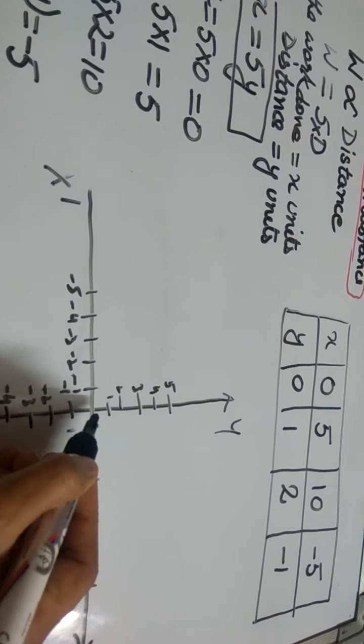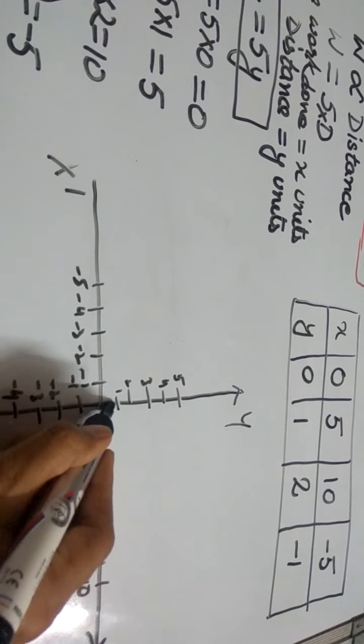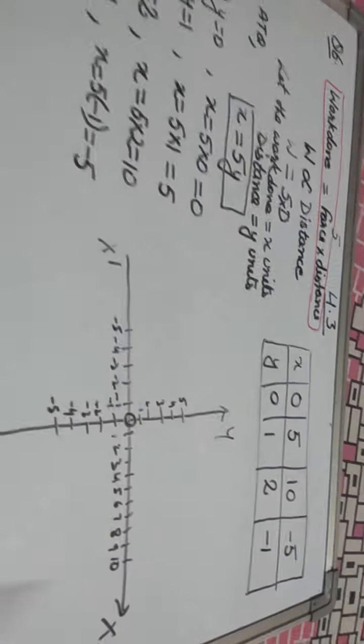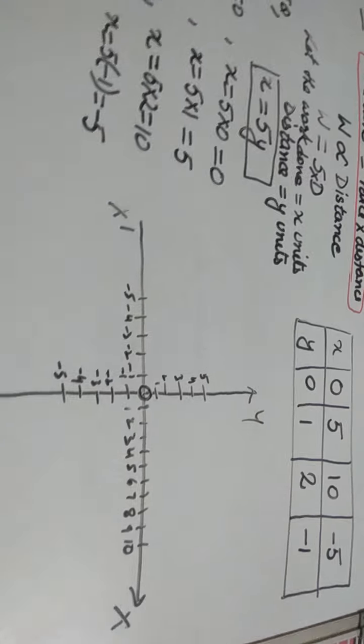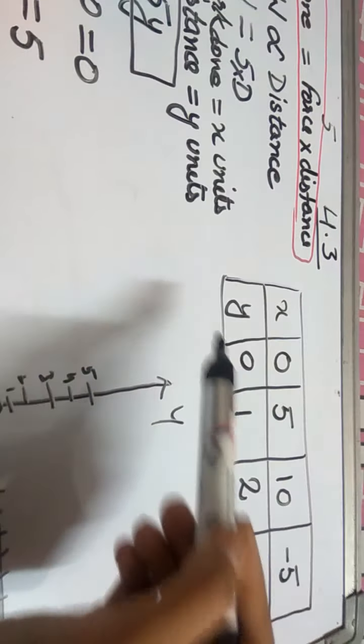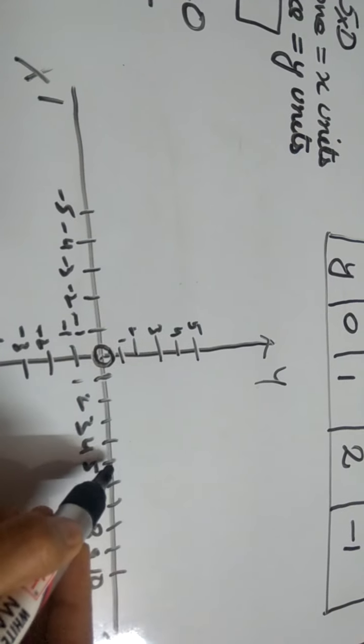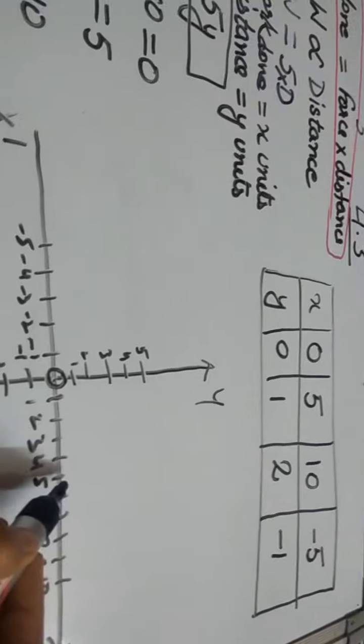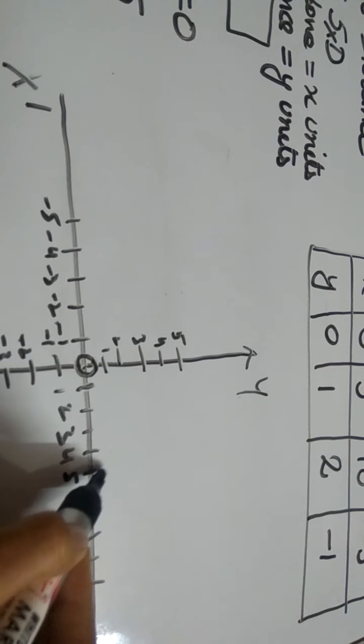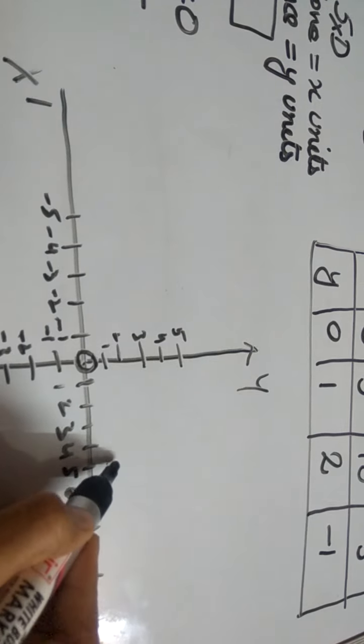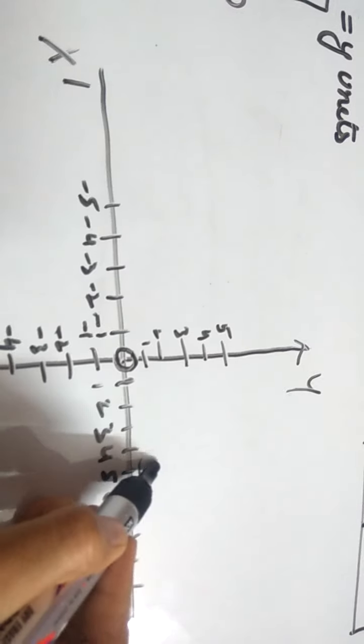When x is 0, y is also 0. So both the coordinates are 0. That means we have to mark it on the origin. Now in the second case, x is 5, y is 1. So here x is positive 5 and y is 1, and we will mark it here by moving perpendicular to this.